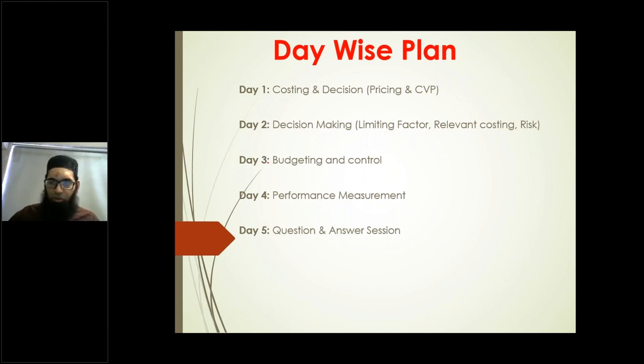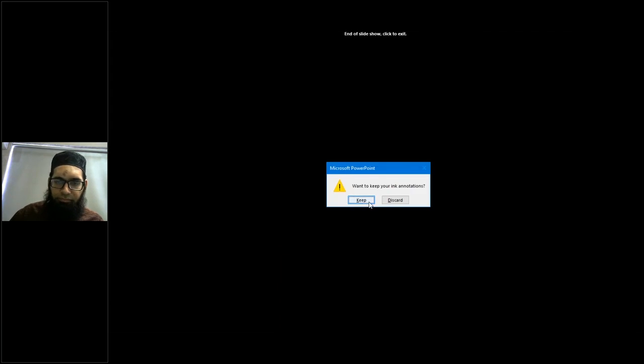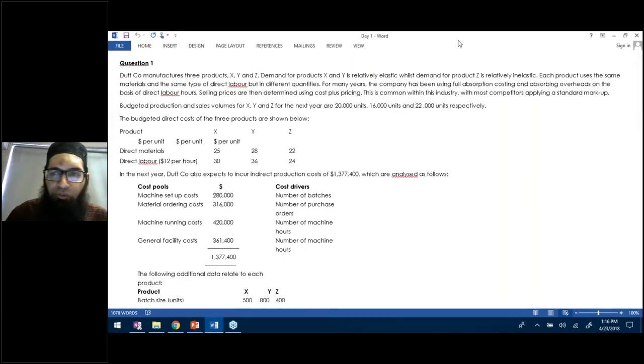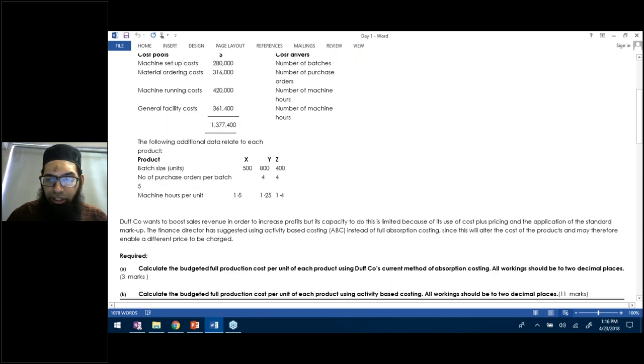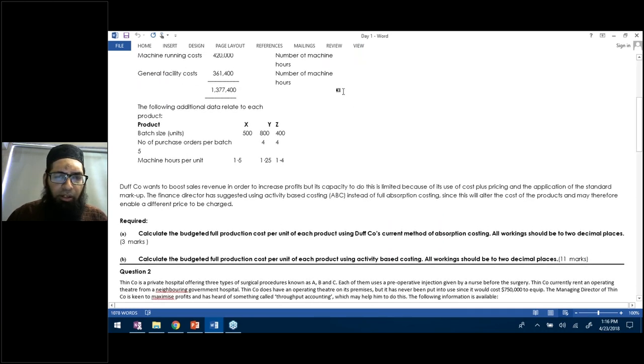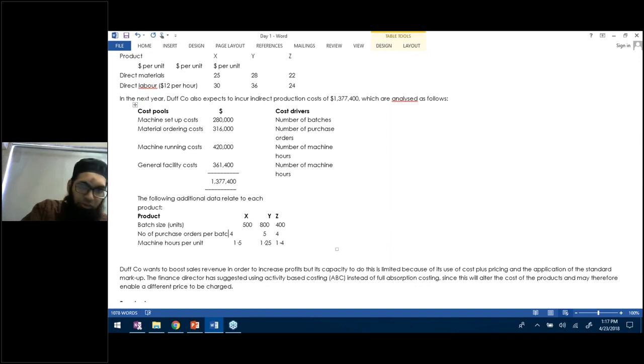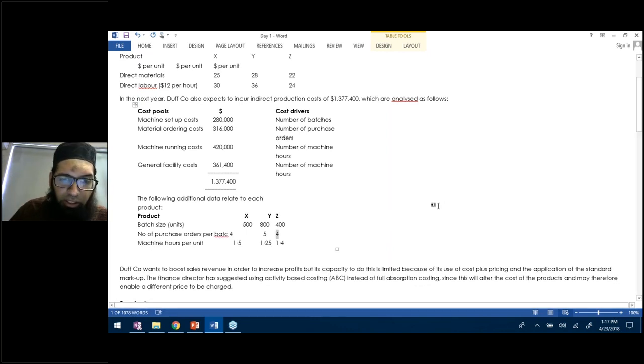Now coming to the questions part then. So here it is. Now the first question is on activity-based costing. Now I knew this question will appear as an OTQ question, but I have chosen the long question so that I can explain how you are going to do the question in the CBE environment, right?